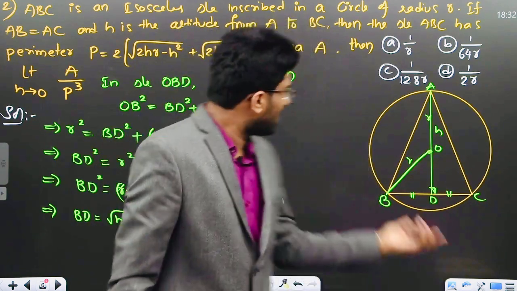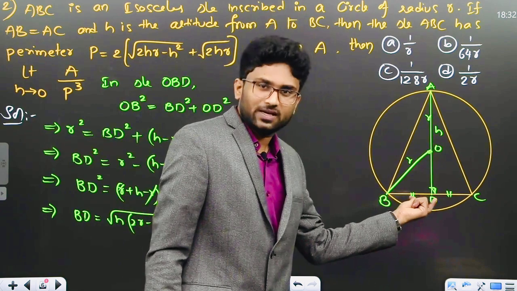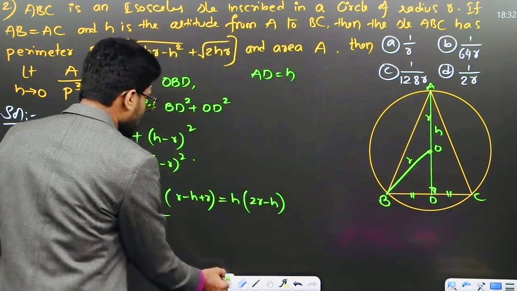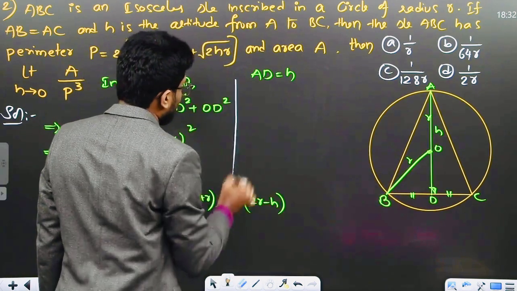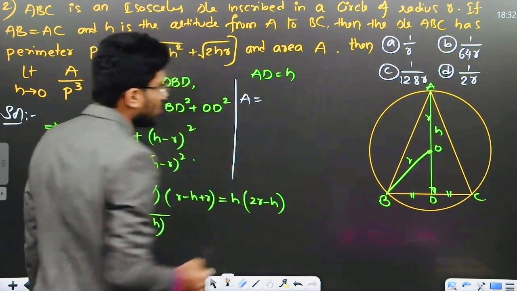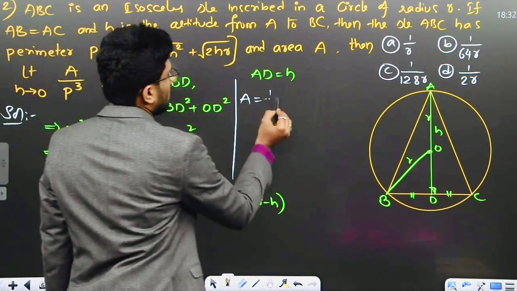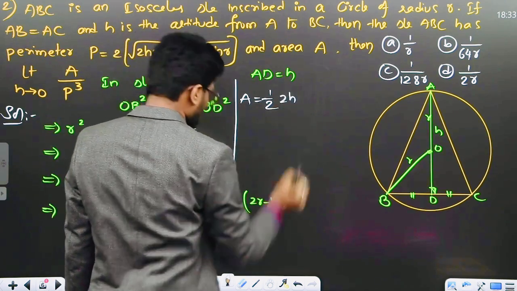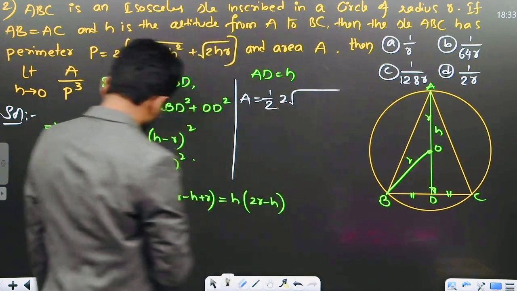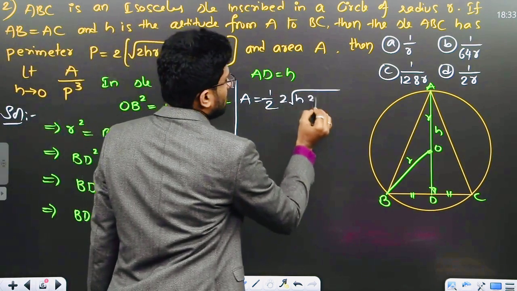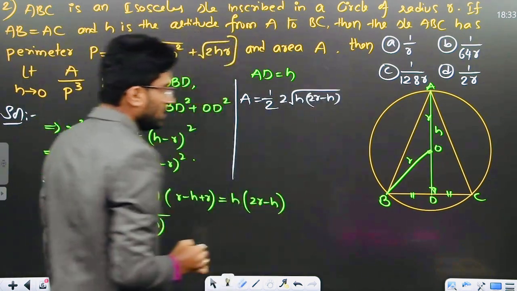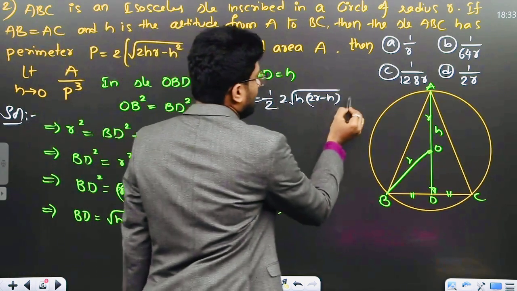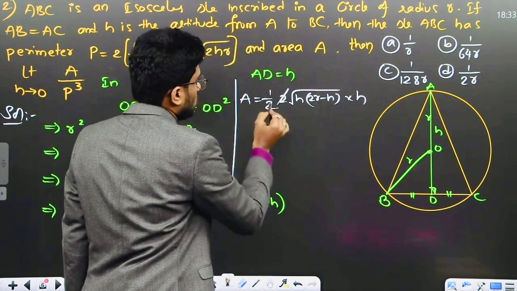Now, how do we get the area of the triangle? Half into base into height. We know BD, so we get BC, twice BD, and H is already known. So the area A is equal to half into base, which is twice BD: 2 times root of H times (2R minus H), into height, which is again H. So the 2 gets cancelled.